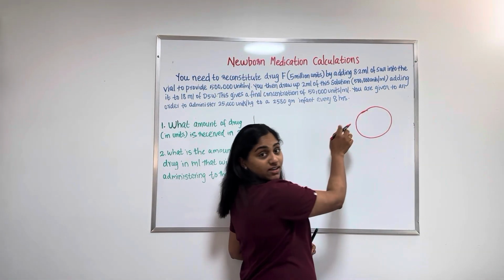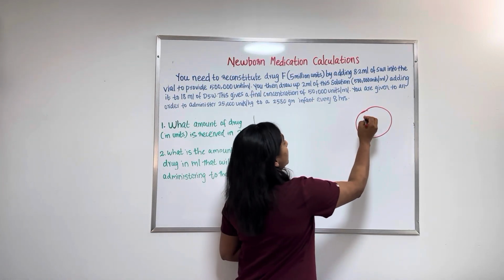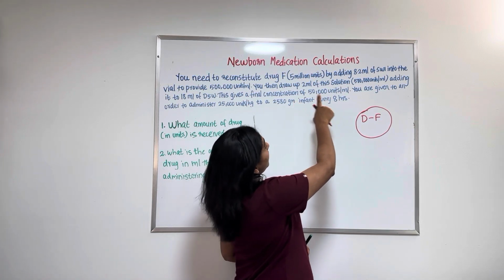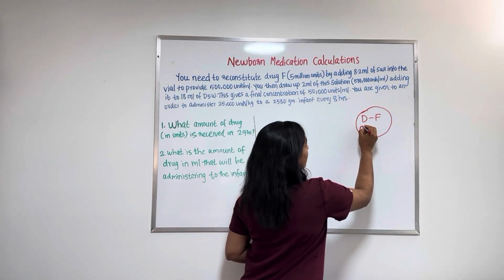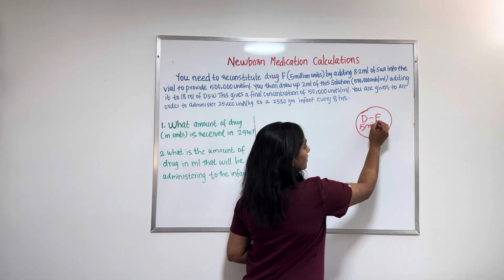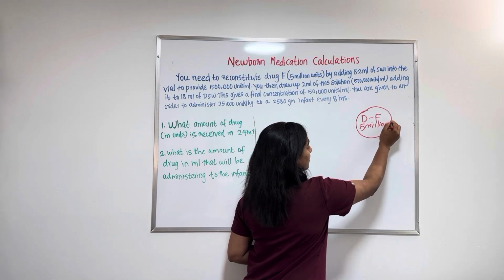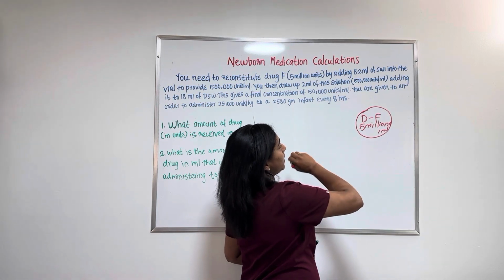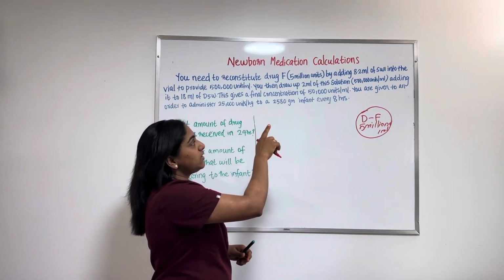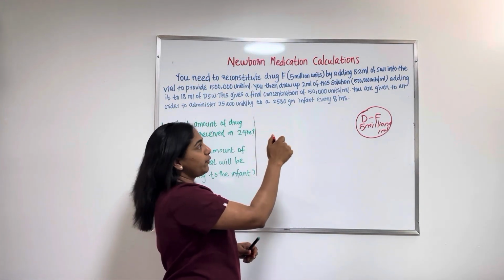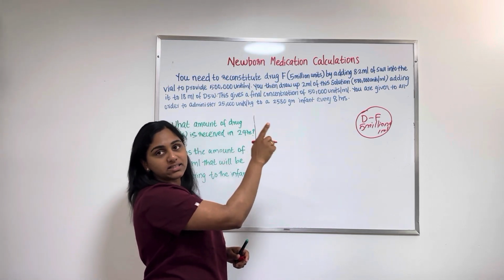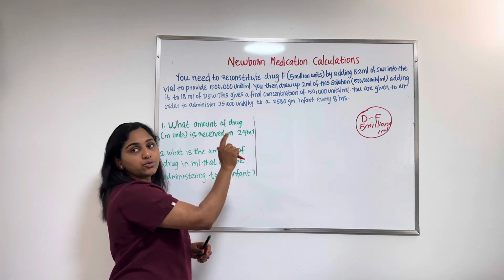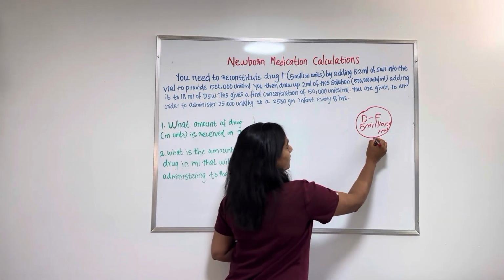Consider this is drug F which contains 5 million units. This drug needs to be diluted with 8.2 ml of SWI into the vial to provide 500,000 units per ml.